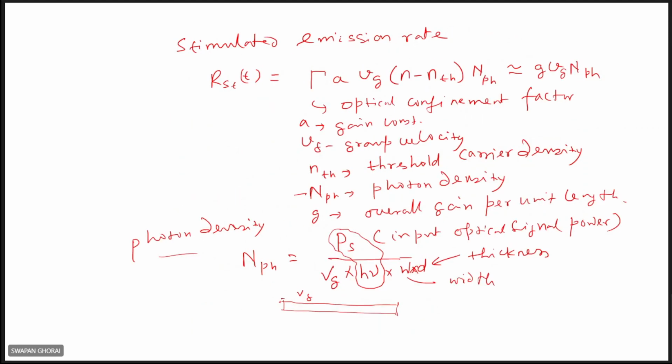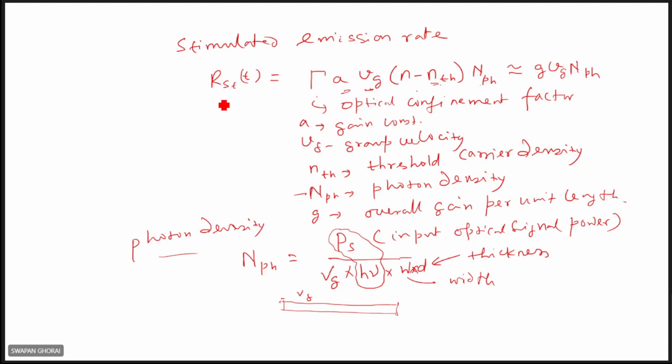This emission rate can be expressed as gamma a v_g (n minus n_threshold) into n_p. It depends upon the input photon density, the group velocity, and the gain factor a, the gain constant, and the threshold carrier density.